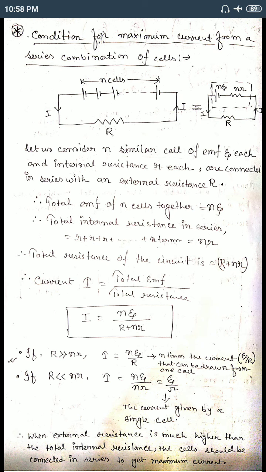When external resistance is very much greater than the total internal resistance, then the cells give the maximum current in series combination. Clear? So R very much greater than nr is the condition for this series combination to get the maximum current from the circuit. I think this concept is clear.